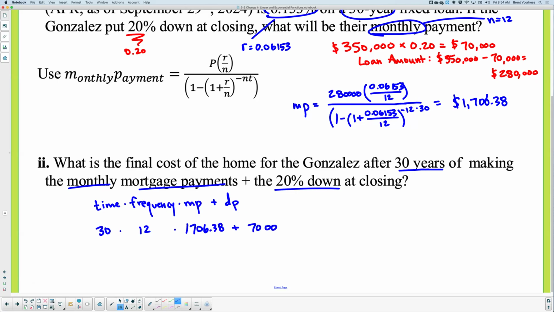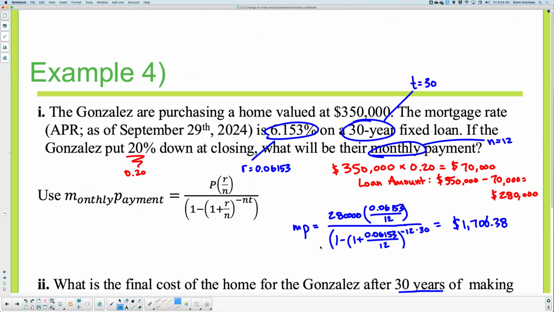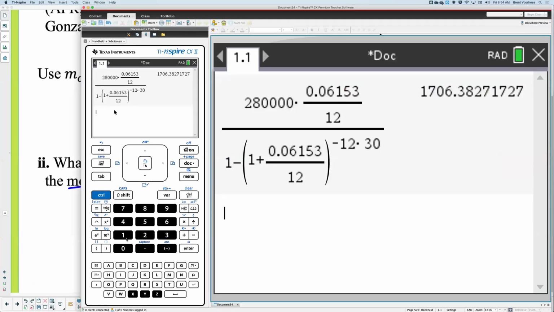That's what I'm going to put in the calculator now to find out what the actual cost of this home is. So we thought we were purchasing it for $350,000, but by the time we're paying the bank, let's see how much it turns out to be. So for 30 years, we're making 12 payments per year, and the payment is $1,706.38.